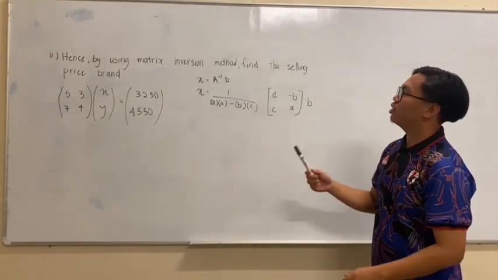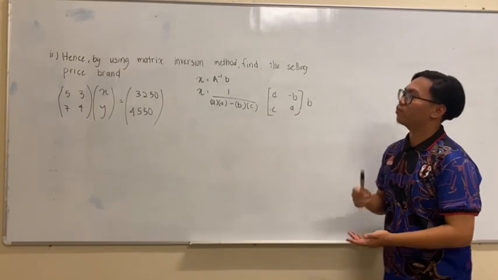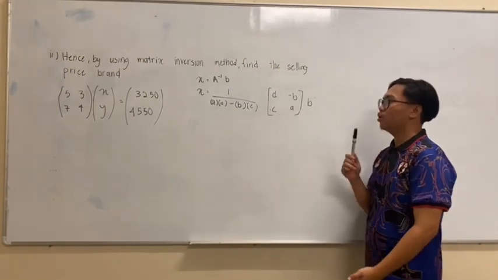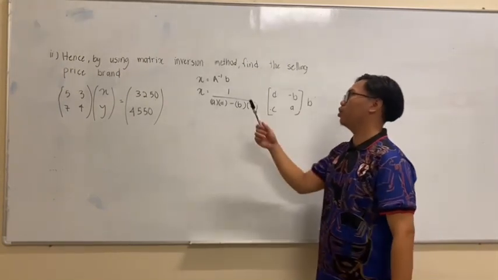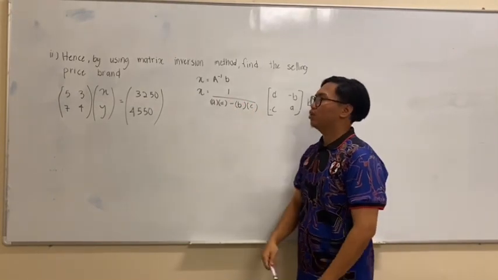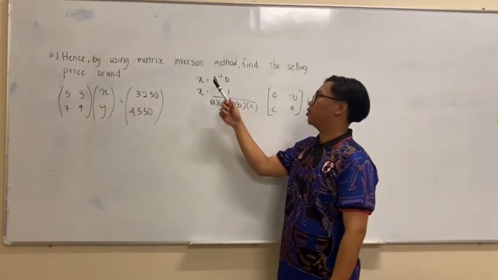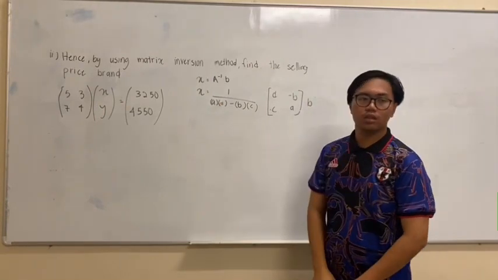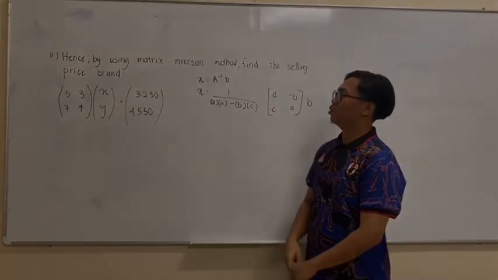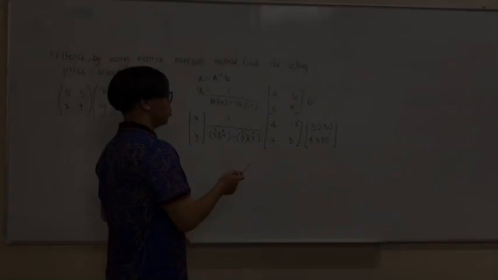Hence, by using the matrix equation, we can find the selling price of each brand. For this question, we need to use this formula: X equals the inverse of A multiplied by B. Now let's calculate.